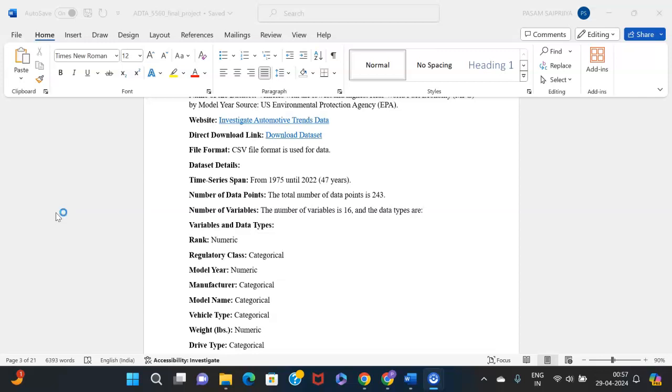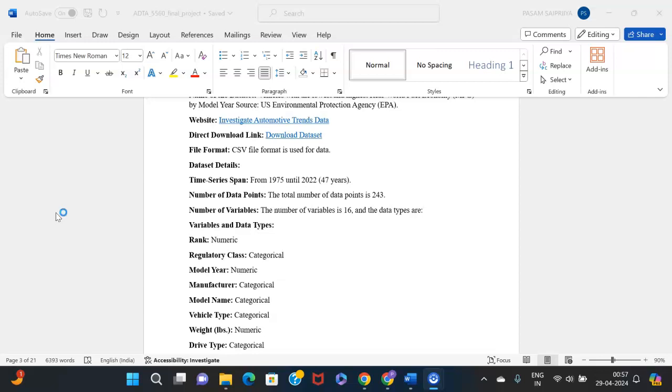Dataset details: the time series spans from 1975 until 2022, which is 47 years. The total number of data points is 243, and the number of variables is 16.